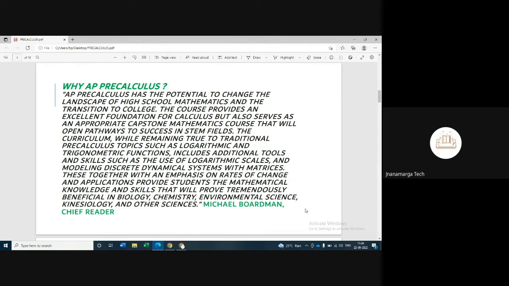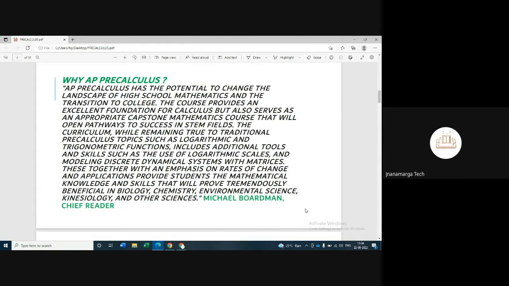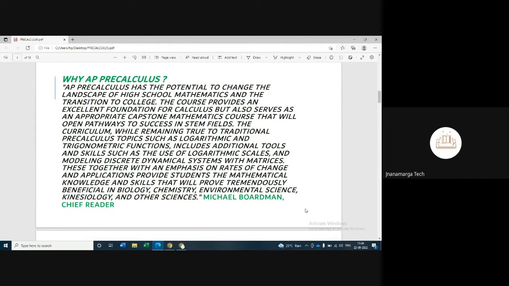For students who want to join any STEM majors or science majors, AP Pre-Calculus gives a very strong base. Having a strong understanding of basic topics is extremely important to be able to observe, explore and build better mathematical meaning from dynamic systems.